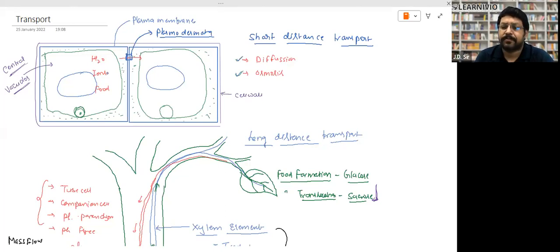These substances are transported from one central vacuole to another central vacuole by means of diffusion or osmosis. This was something about the short distance transport, right?